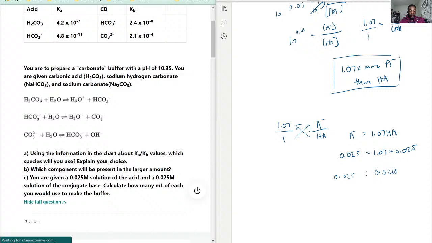We're going to convert this to mils, and to convert it to mils, we need to base it off of the molar mass, because moles per liter is equal to, no, we don't need molar mass.